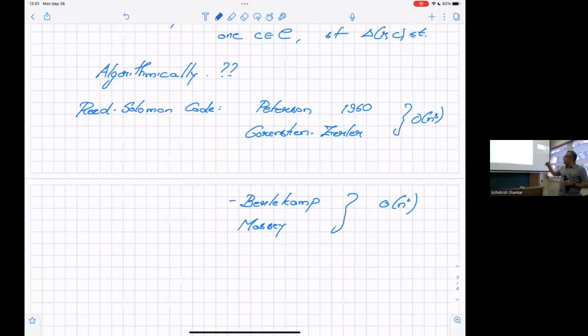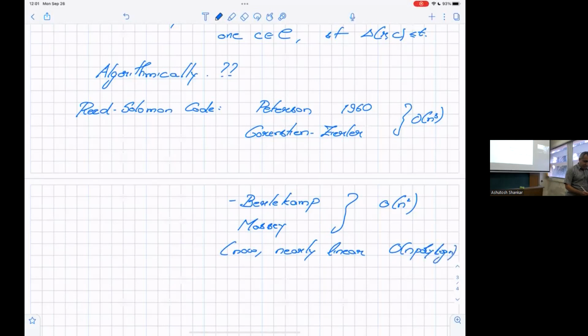This has since been considerably improved, and now we have nearly linear time implementations of the Berlekamp-Massey approach to decoding Reed-Solomon codes. By nearly linear, I mean n times polylog, nearly linear time algorithms.